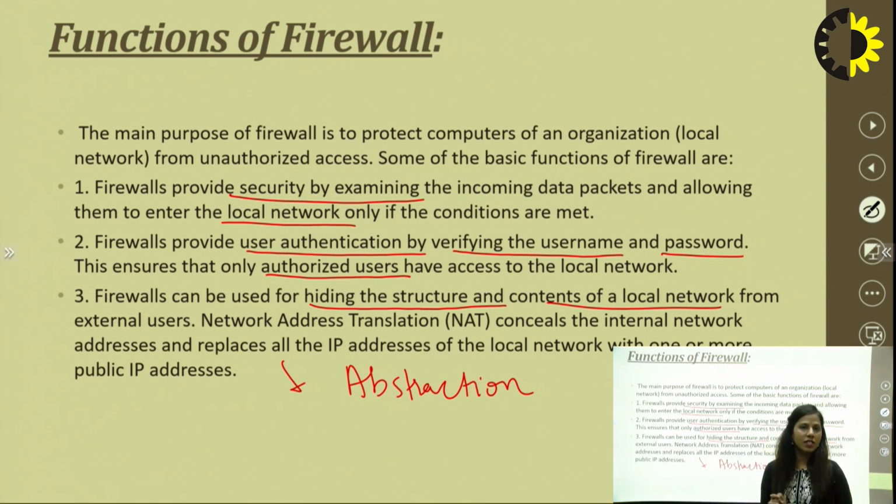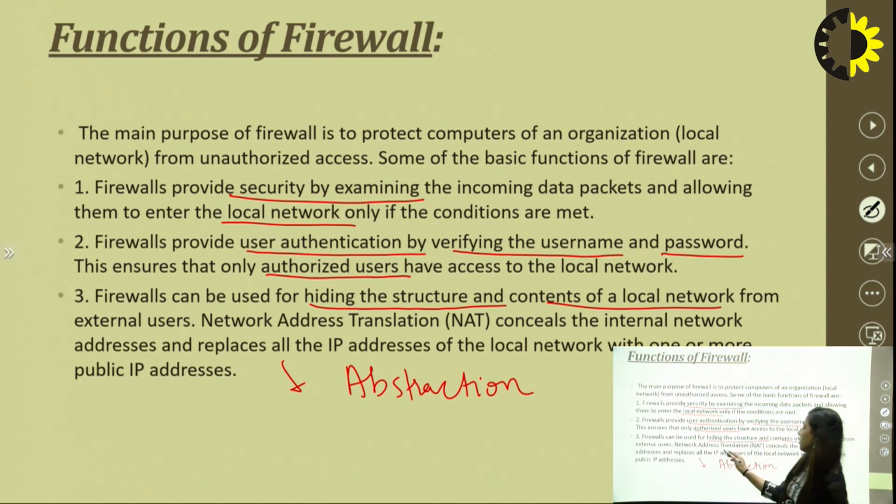Whatever information is transferred in a local network or local organization, outsiders or external users cannot access that information. That's why the firewall plays a vital role in computer security, for software purposes and for network hardware purposes also.